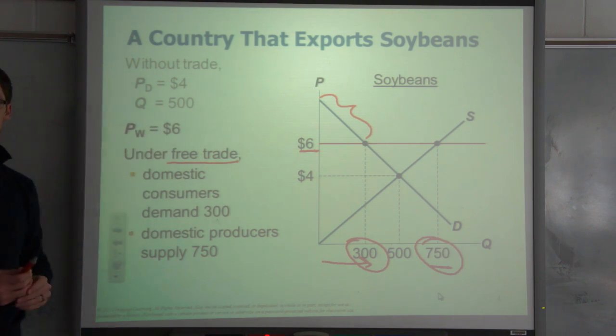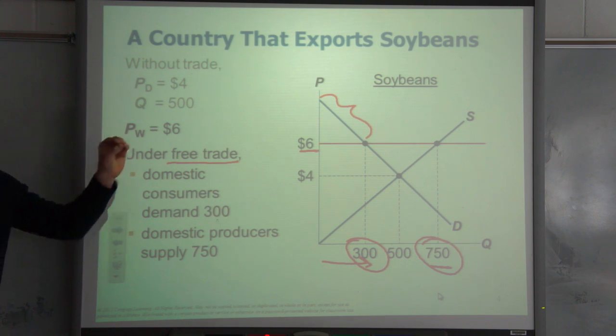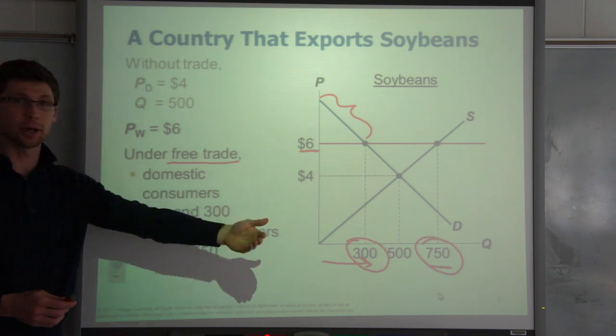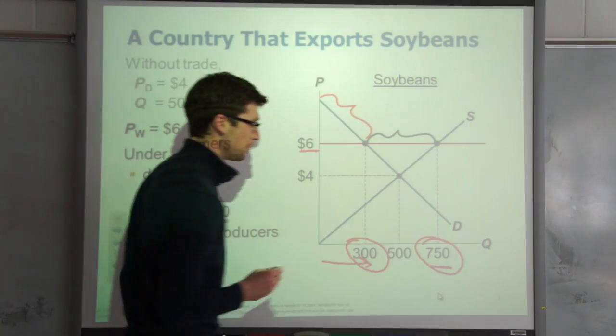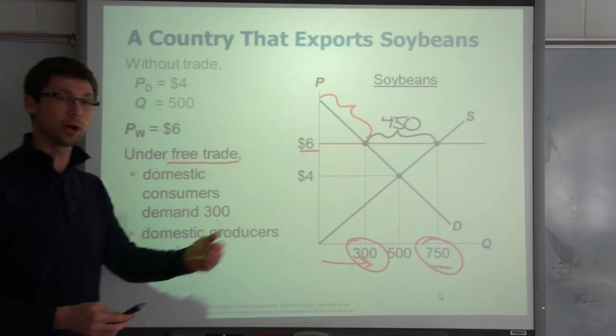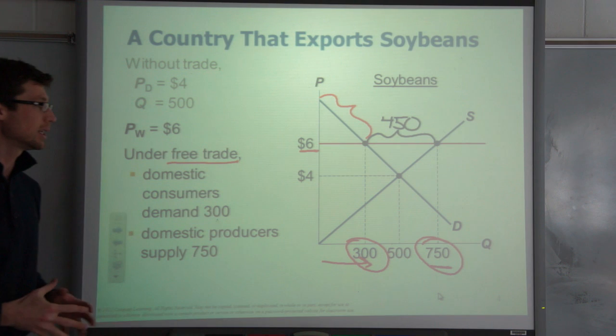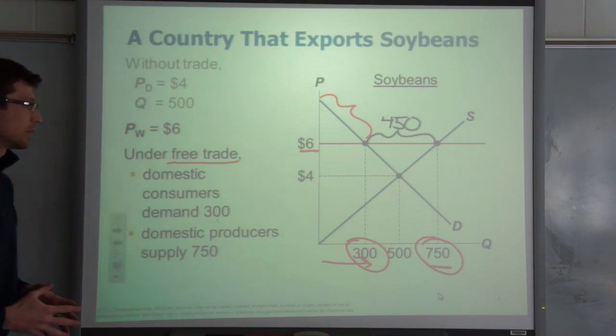We do it better than other countries. So what's going to happen now is our country, our domestic producers, will be exporting products. And it will be the difference between these two. There will be 450 units that are exported from, let's say, the United States, because in the United States, our cost is lower than the world.